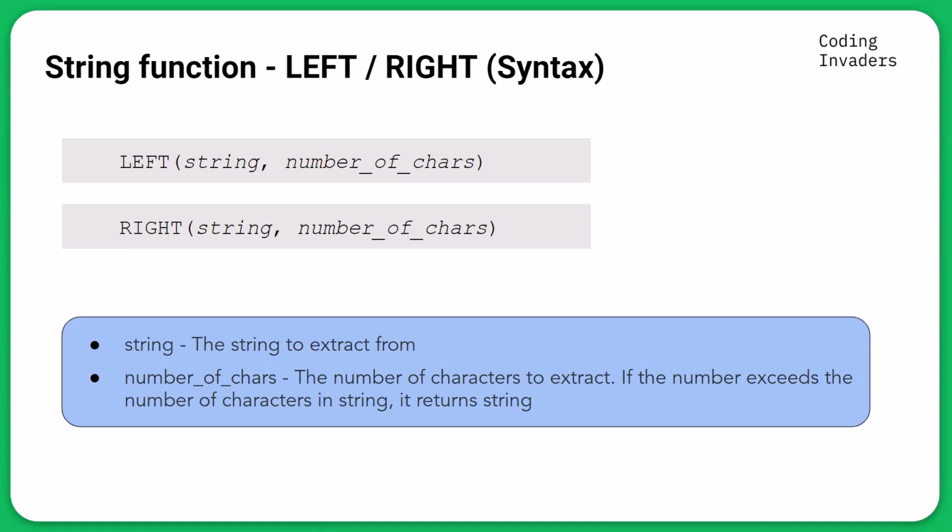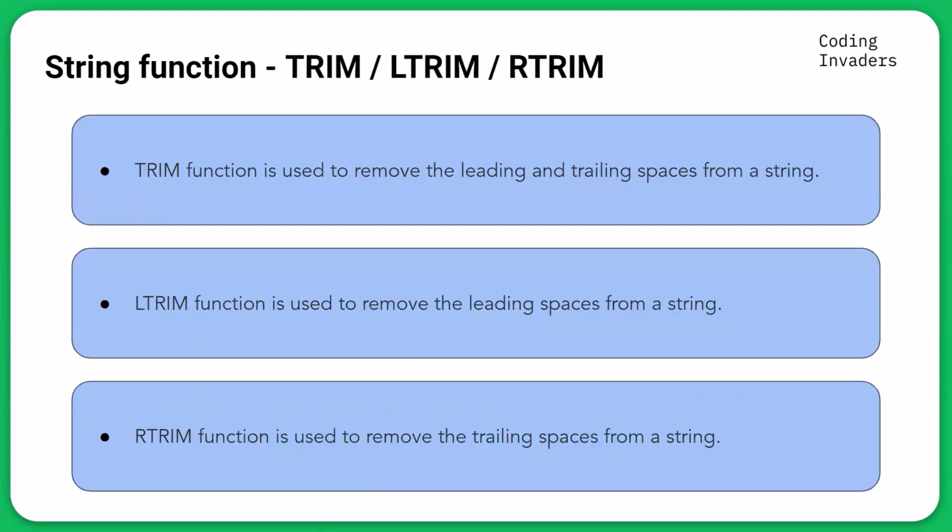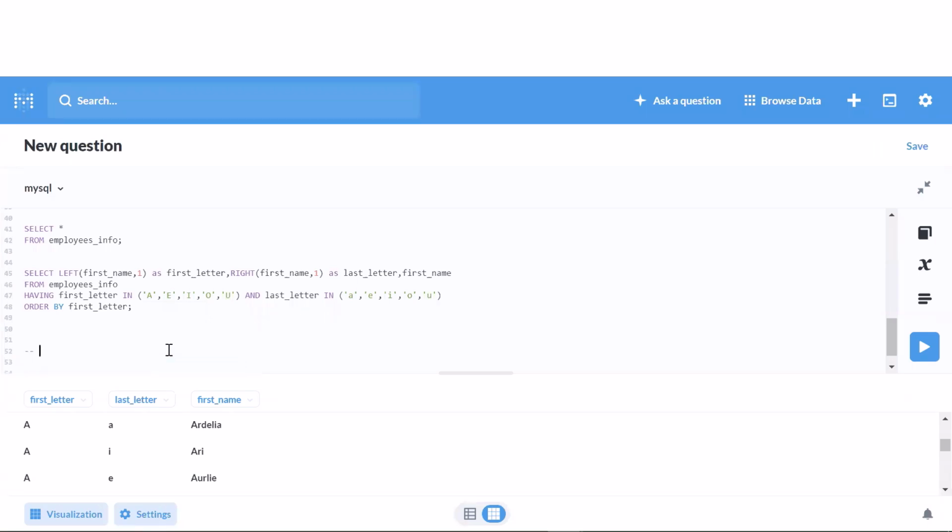Now let us see some other string functions: TRIM, LTRIM and RTRIM. The TRIM function is used to remove the leading and trailing spaces from a string. LTRIM is used to remove the leading spaces from a string, whereas RTRIM is used to remove the trailing spaces from a string. Let us go to Metabase and see some examples. Let us see the table, our orders table.